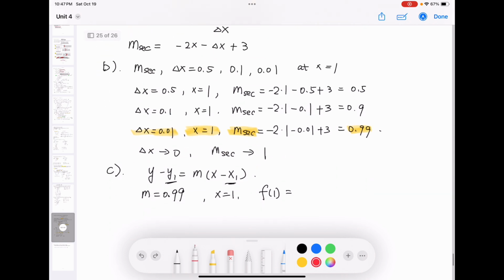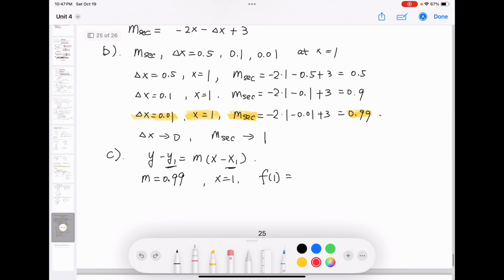So we have negative 1 squared plus 3 times 1 minus 2. Let's do the computation. Negative 1 plus 3 is positive 2, minus 2 is 0. So this point is (1, 0).